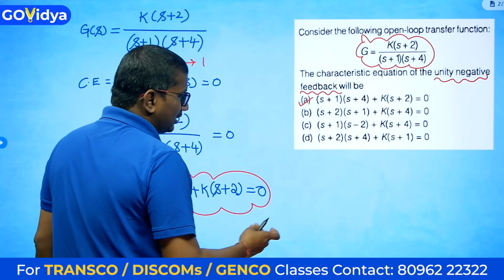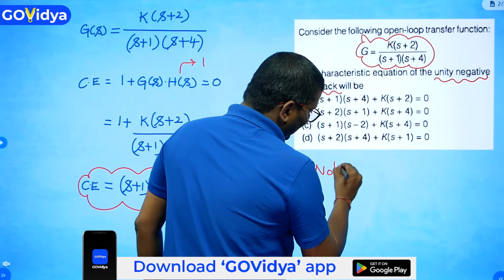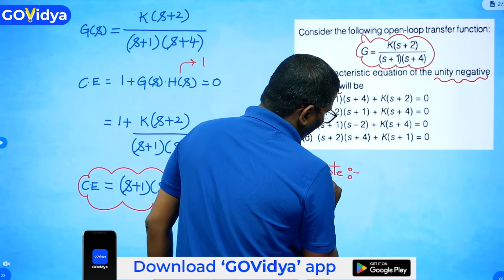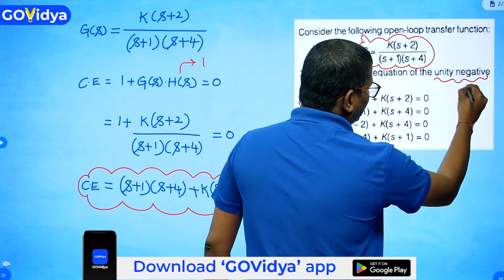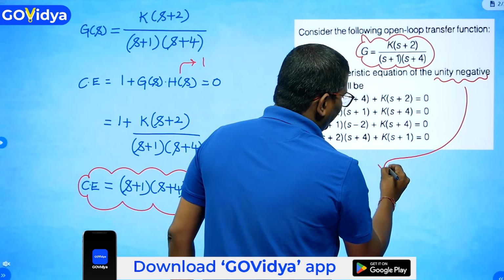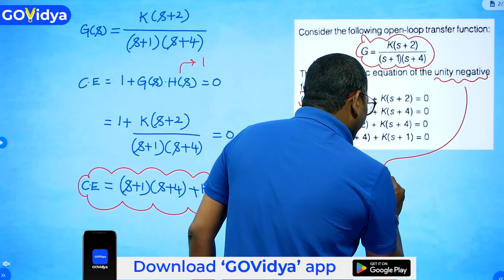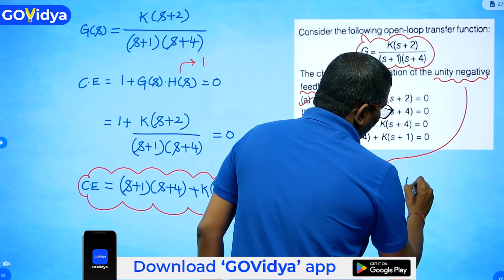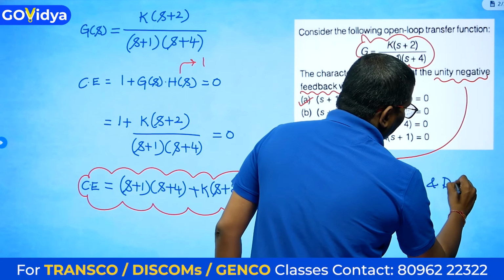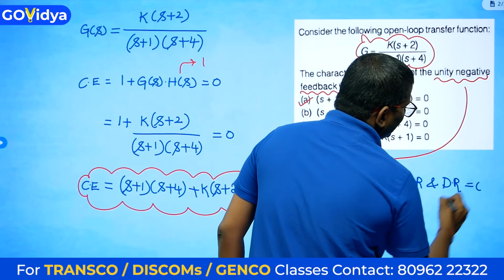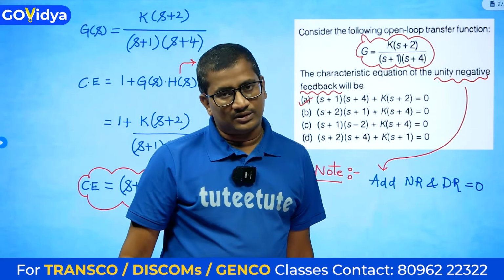Shortcut: for the characteristic equation of a unity negative feedback system, always add numerator and denominator and equate to 0. That is your characteristic equation.